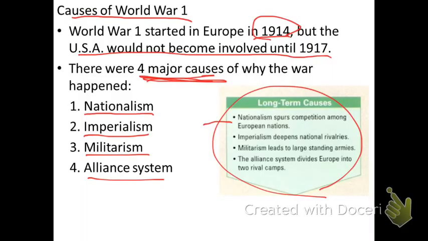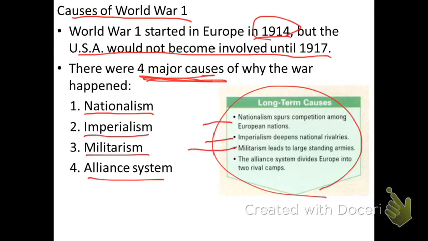Nationalism spurred competition among European nations. Because of that belief that my nation is better than yours, this created this feeling of competition between the nations. Imperialism. National rivalries were deepened because each country was trying to obtain new territory.